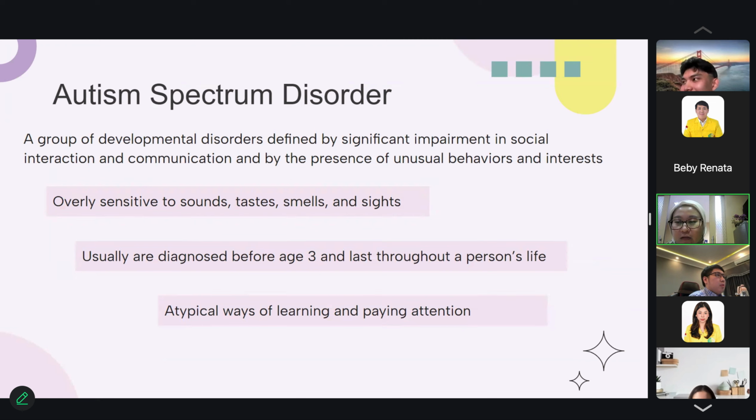First, they have impairment in social interaction and are unable to communicate, and they always show atypical behavior and atypical interests. These patients also have sensory impairment, so they can overreact to noise, sounds, taste, smells, and lights.